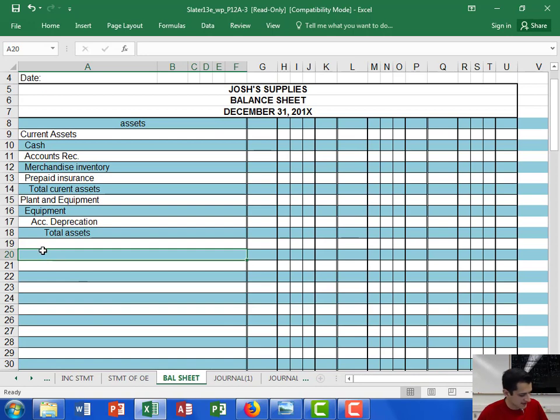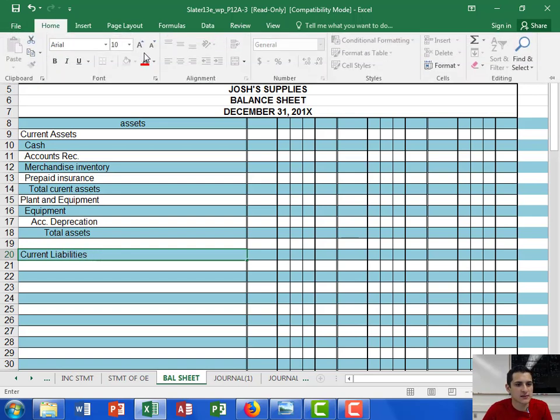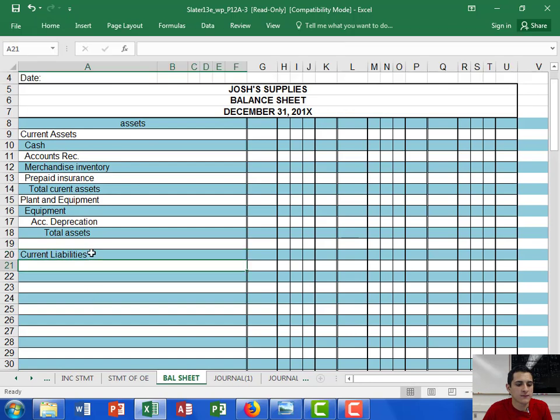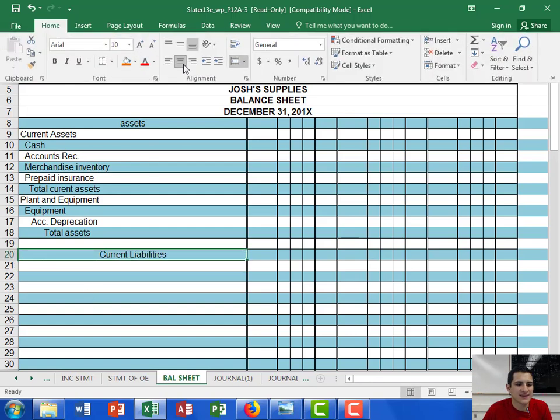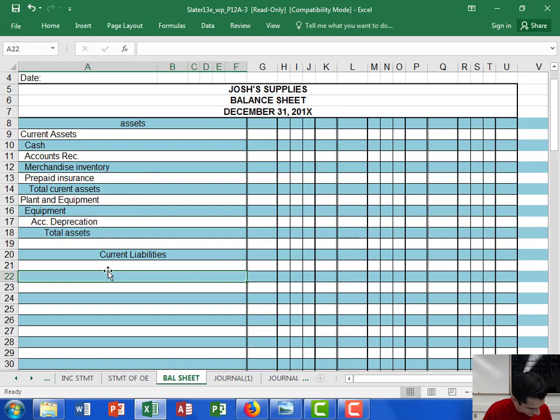Now with your total assets already finished out, you're then going to continue with your current liabilities. Go ahead and center this. There we go. So then your current liabilities.